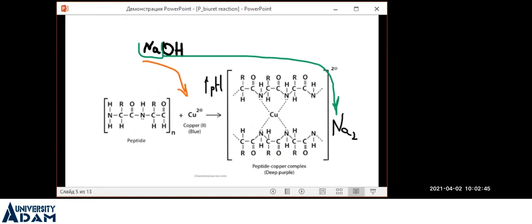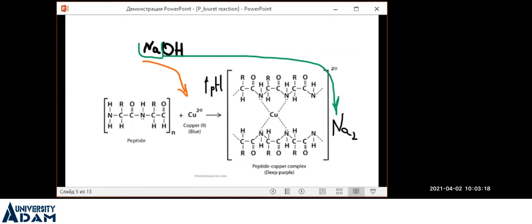Also, an important point when we're talking about the Biuret reaction, we must remember that this reaction is possible to pass in a specific condition. It will be alkali condition. In the alkali condition, copper will create linkages with the peptidic bonds.